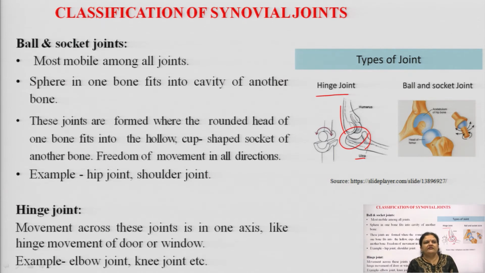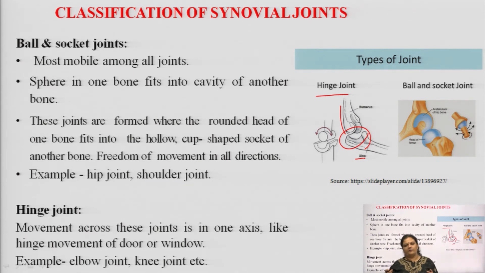Ball and socket joint is the most movable or mobile among all the joints we have read. It has a spherical head in one bone, which fits into the cavity of another bone. These joints are formed where the rounded head of one bone fits into the hollow, cup-shaped socket of another bone, and it provides freedom of movement in any direction.